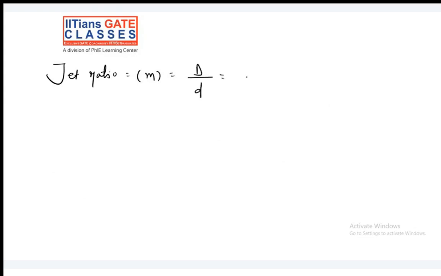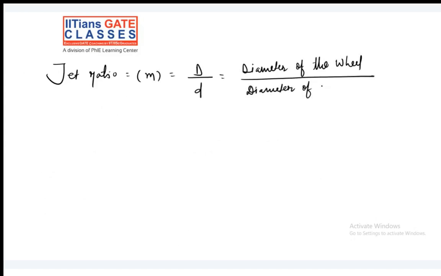Capital D is the diameter of the wheel, and small d is the diameter of the jet. Diameter of the wheel divided by diameter of the jet. Okay.